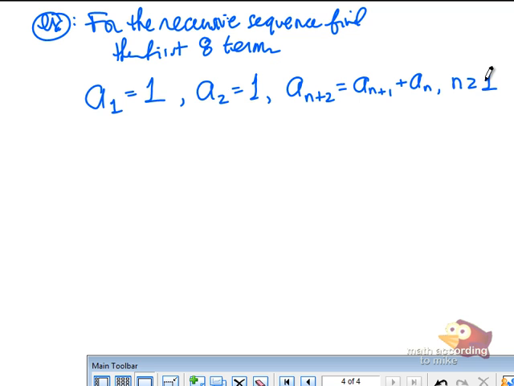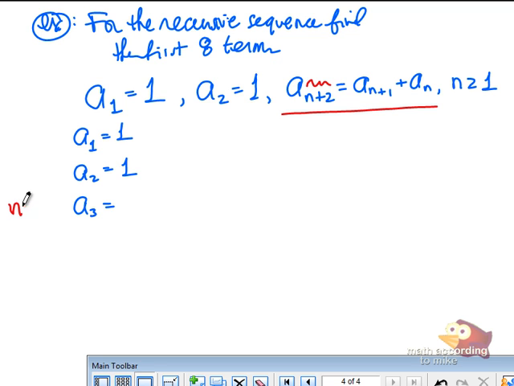If you know what this is, again, keep it to yourself. We're told that the first term is 1, and the second term is 1. So now we need to find A sub 3. What would we need to put in for n to get a subscript of 3? 1.